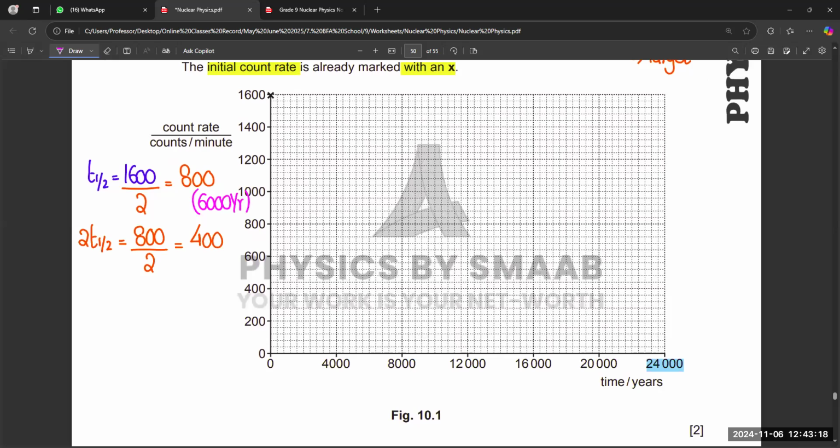Then in the next 6,000 years, 6 plus 6, 12,000 years. And then if we perform another half-life, it becomes 200. 12 plus 6, 18,000 years.